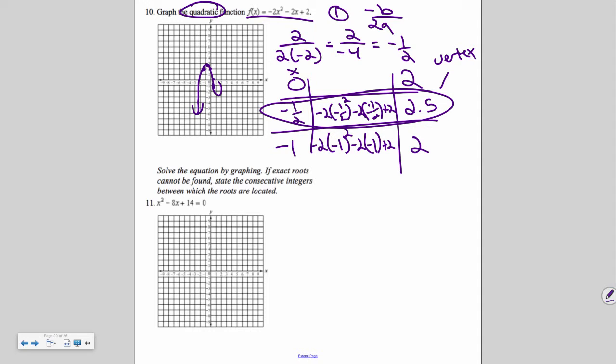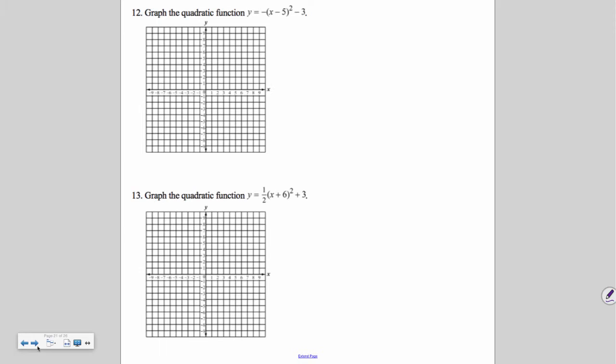For this one, again, opposite b over 2a. Then make your table. Check your answers and make sure that you are doing these correctly. These next ones are in vertex form. Vertex form is the left, right, up, down movement. So you have to start with your starting values.